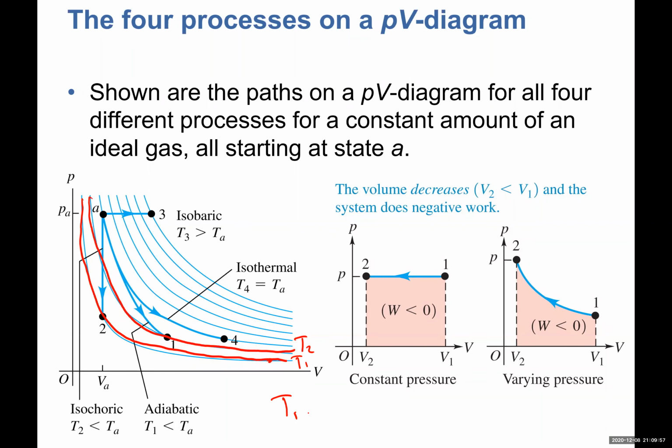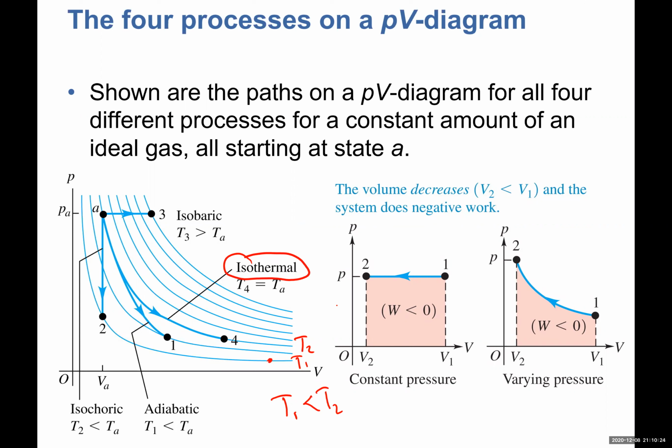T1 is actually a lower temperature than T2, because the closer the line is to the origin, the lower the temperature. Further away from the origin, the greater the temperature. These are known as isotherms. Isothermal means that you are along the line that doesn't change the temperature.